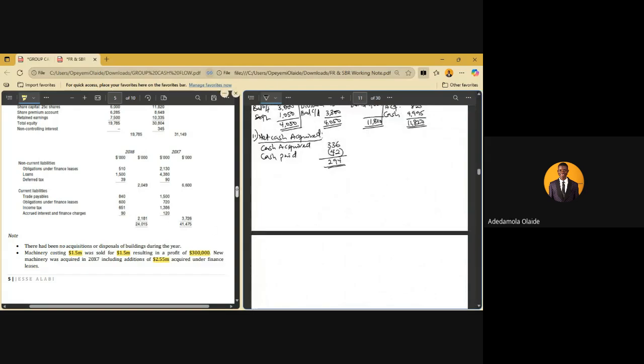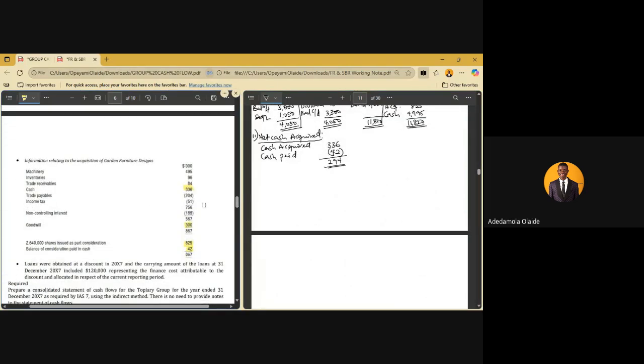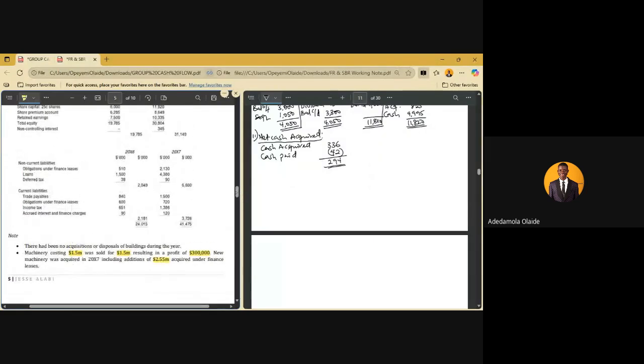Wait, please, let's pay attention. They told us 2.64 million shares were issued as part of the consideration, but they gave us the cost to be 825. We have to come back here and check the nominal value of their shares. That means what I have here is wrong. Very sorry.